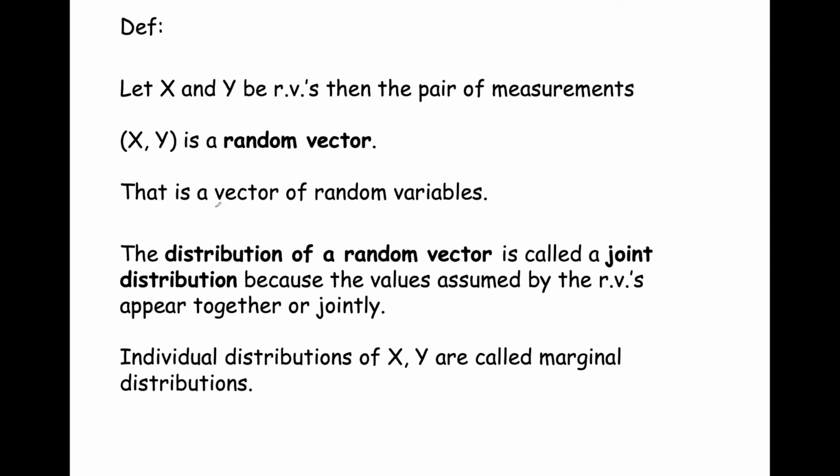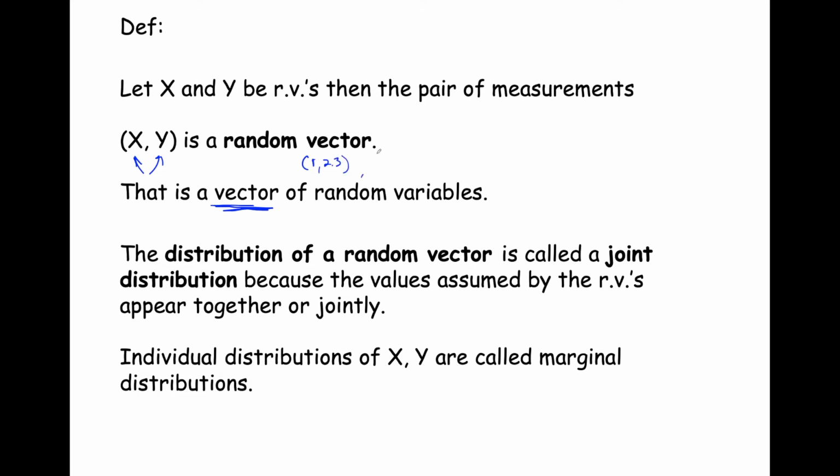So this represents a vector of random variables. And because each position represents a random variable, if we were to talk about the distribution, we would talk about the probabilities associated with all of the possible values that can be assigned to both of these random variables that correspond to your vector. So for example, you could have a value of X is equal to 1 and Y is equal to 2.3.